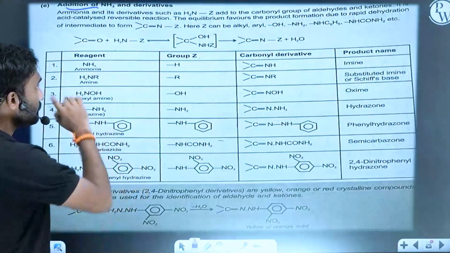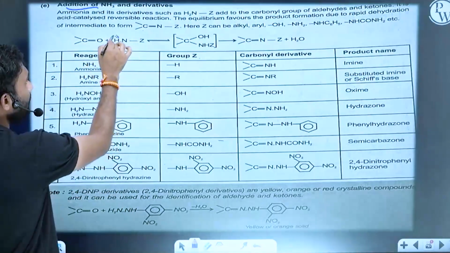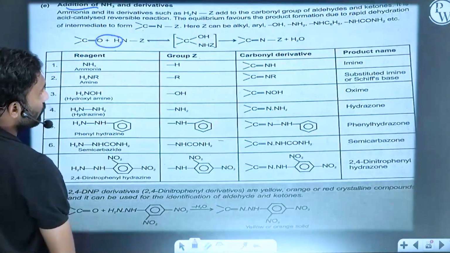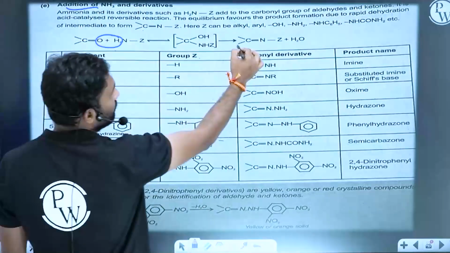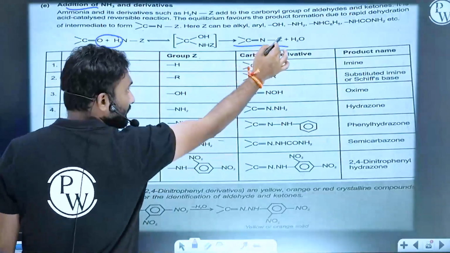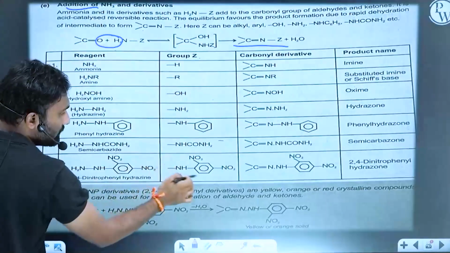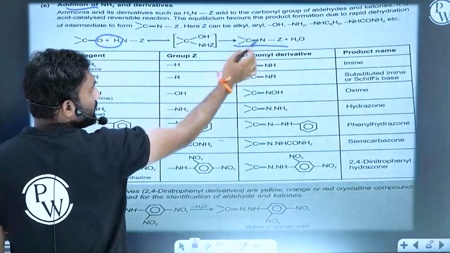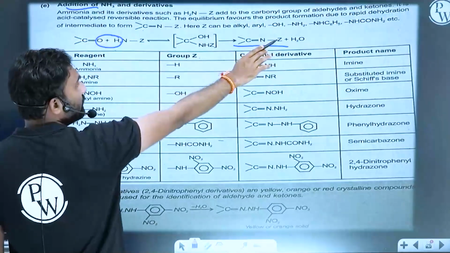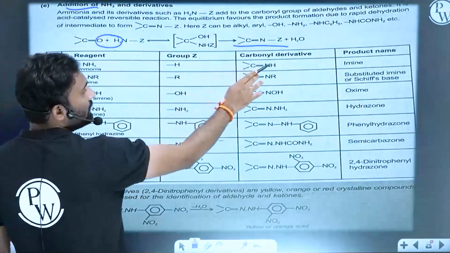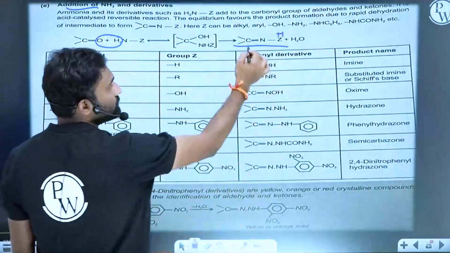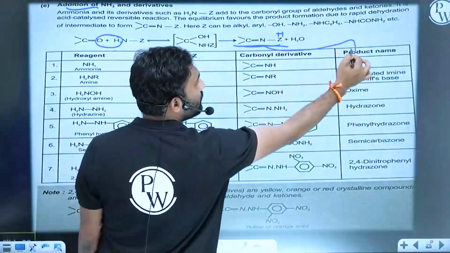Look here, this carbonyl group, elimination of the water molecule takes place and we get C double bond N Z. In the place of Z, if H is present, that carbonyl derivative will become the imine.